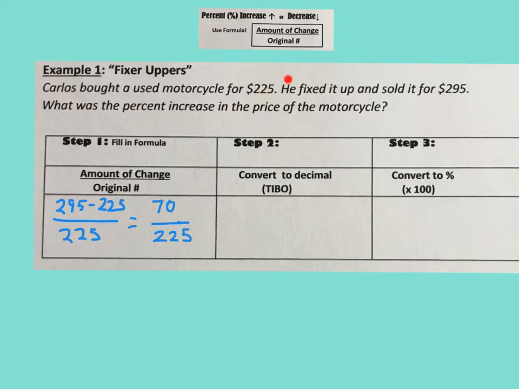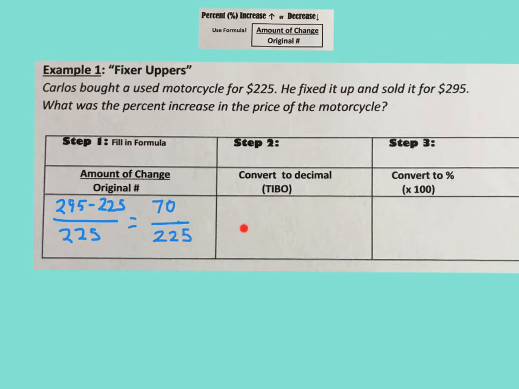So $225 plus 70 would get me the bigger price. And I put the original number on the bottom, the price it started with. Carlos bought the motorcycle for $225, so I put that on the bottom. So the amount of the change in price was $70 over the price I started with, $225.